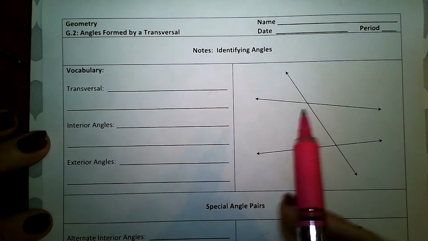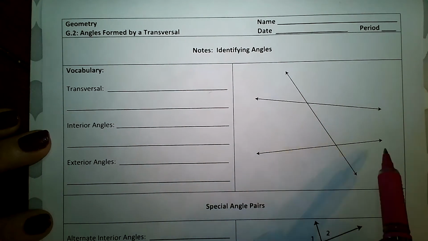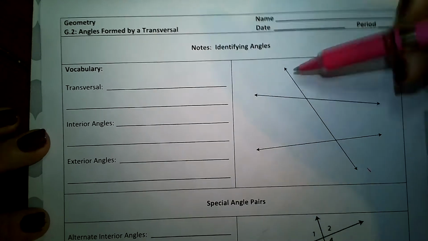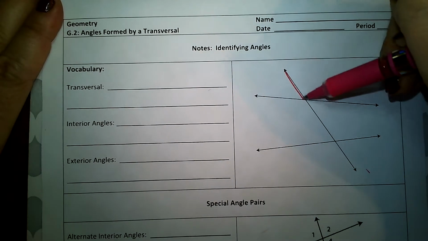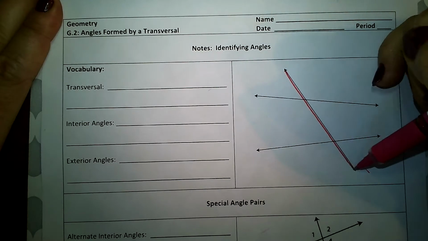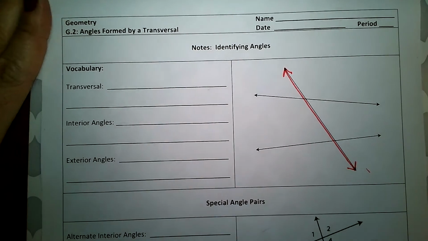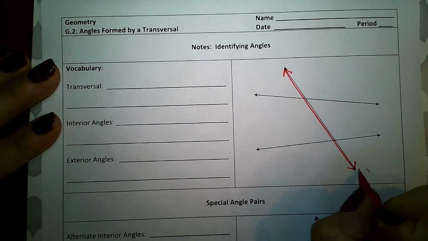We have this picture. We've got 2 lines going horizontally and 1 line slicing through them. This line that's slicing through, I'm highlighting it pink, is called a transversal.